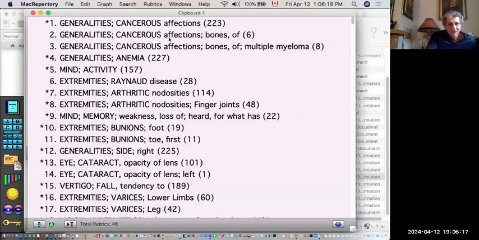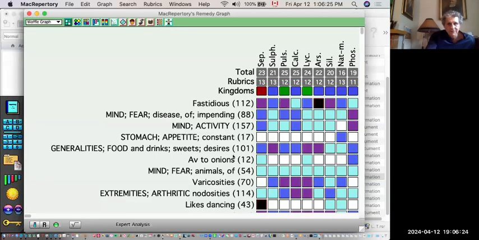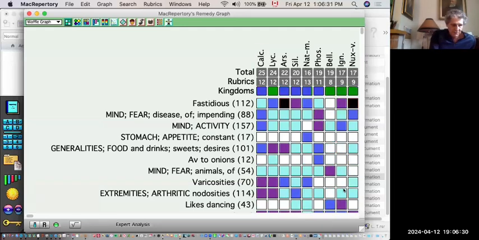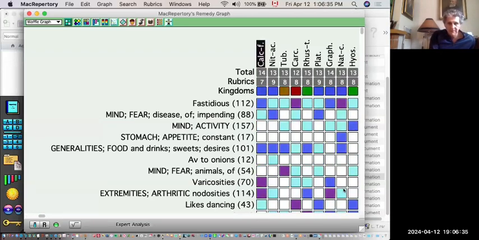You see she has the cancer section, multiple myeloma, and so on. This will be the genius of the case. He's very fastidious and so on. So the remedy prescribed was calcarea fluorata. And you see it doesn't show up here. It shows up with 7 symptoms, value of 14.